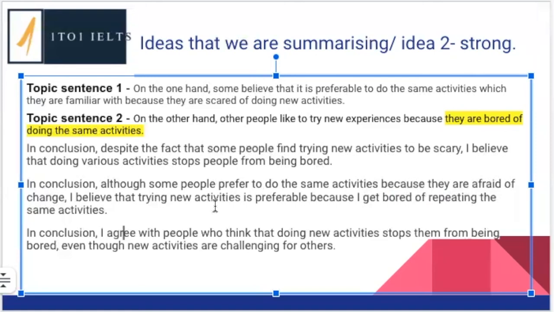These are just things that you need to do, and they're combined with lots of other things to get the band 8, to get the band 7. So it depends. What is the difference between band 8 and band 7 for what? For task response, for coherence and cohesion, for vocabulary, for grammar?